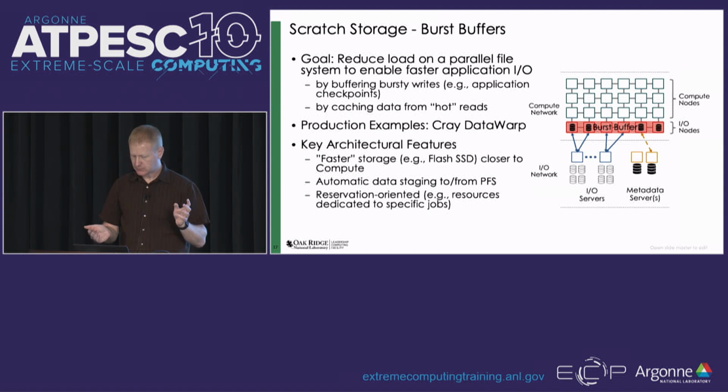So when you get a job, you can ask for a portion of the burst buffer storage, and it's basically dedicated to your job. And that can provide some benefits in terms of reducing interference from other jobs on the system, in comparison to when everyone's accessing the parallel file system, everybody's using the same network to get there.